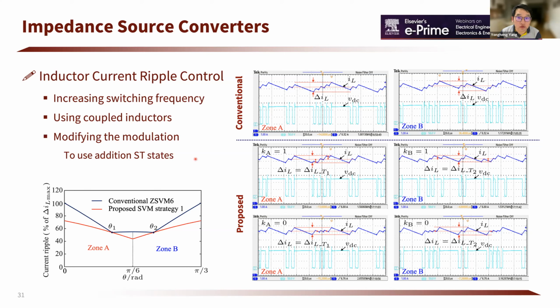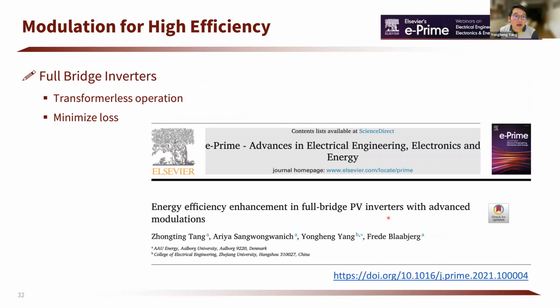But through the control, actually, we can achieve this target. We modify the modulation, and by utilizing the additional shoot-through states for the impedance source-based converters, we achieve the ripple current reduction.